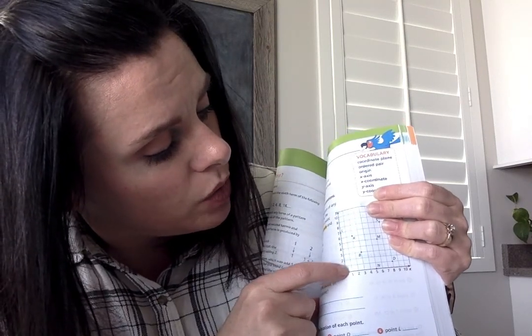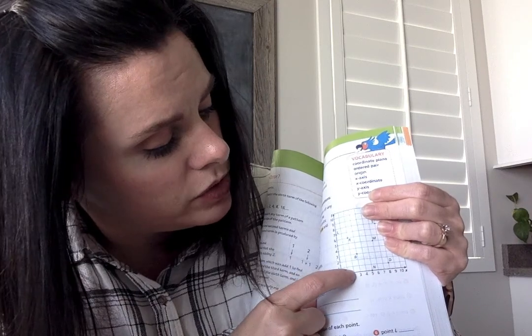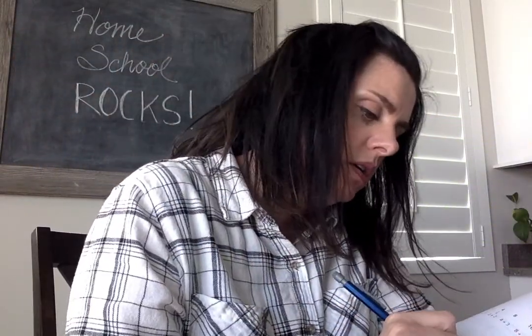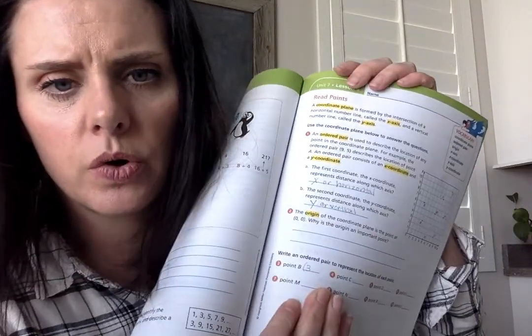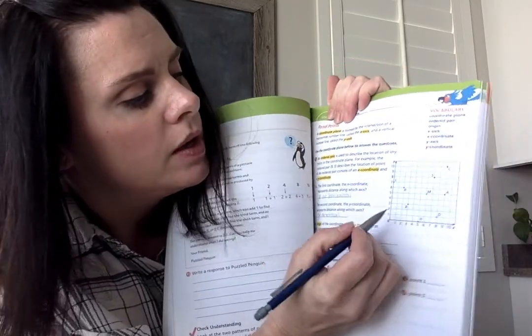So we start right here. Let's see, we go over, B is on the 3, right? 1, 2, 3 over. The B is on the 3. Okay, so 3 is our first number. So right there, you're going to put 3. That's our first one, because we go over 3. And then how many do we go up?